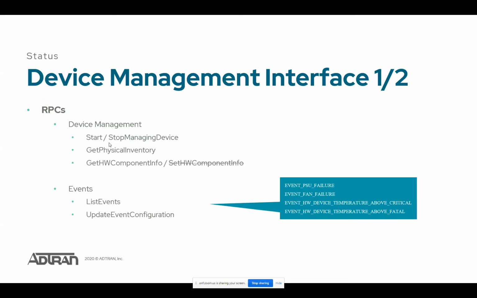Now coming to the interface, as you know, there are several RPCs. Currently, we have implemented, I think, mostly all RPCs, with one RPC which is not implemented. For device management, we have a start and stop of managing of a device. You can get the physical inventory.